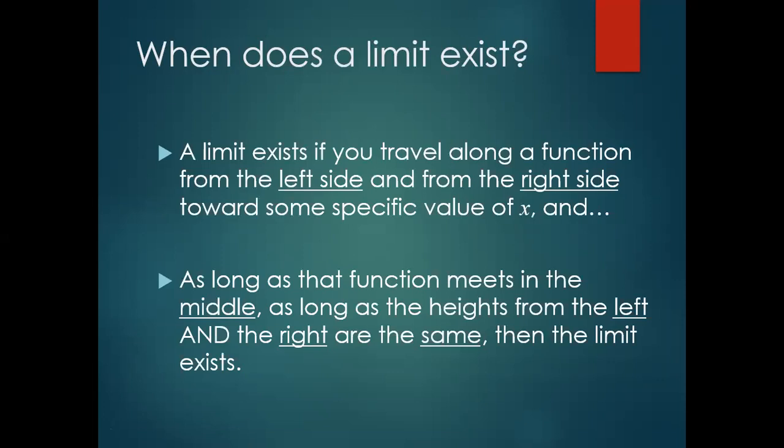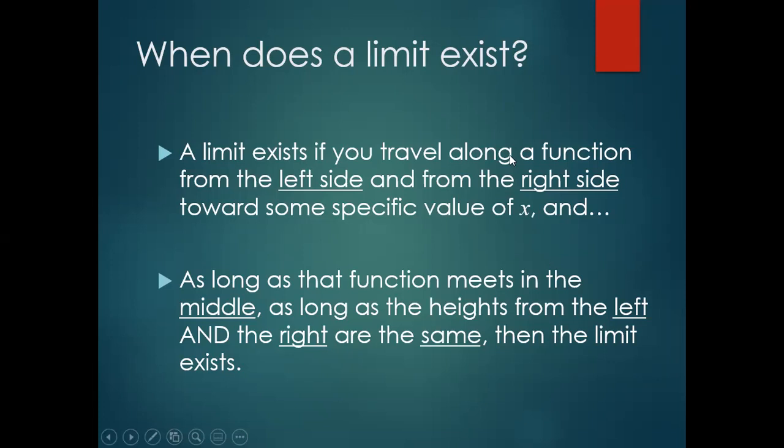Ibig sabihin, any values from the left approaching the specific value of x, and any values from the right approaching the specific value of x, where they meet in the middle, then the limit exists. Ibig sabihin, if the limit from the right and the limit from the left are the same, the limit exists. Pero kung yung limit from the left ay not equal to the limit from the right, then it does not exist.